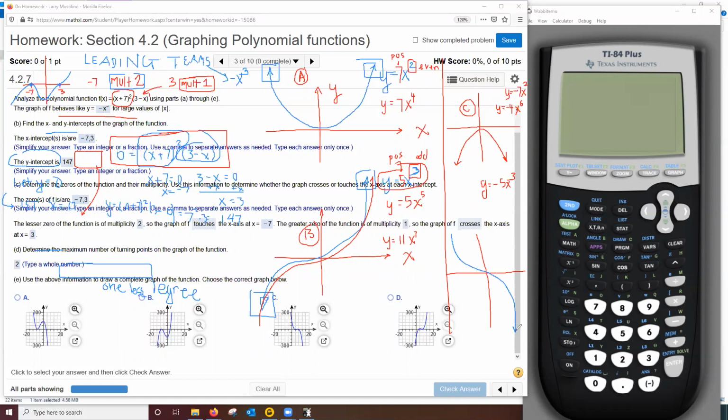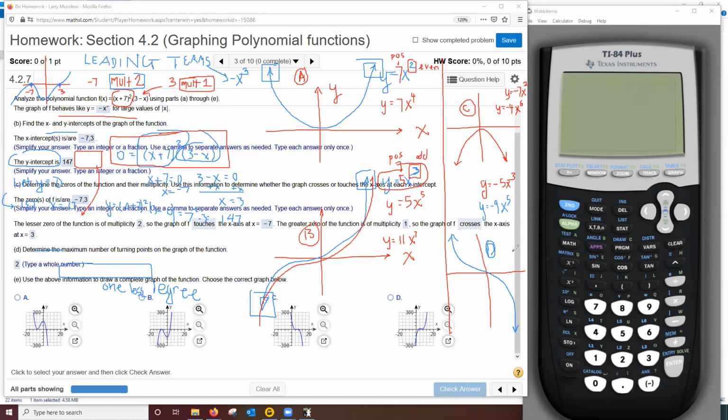So now this graph is going to end up looking like this graph. I'll call it graph D. So even if this was y equals -9x to the 5, it would still have the same general shape. All right, so by looking at the degree and looking at whether the leading coefficient is a positive or a negative number, you can classify the shape as either A, B, C, or D.